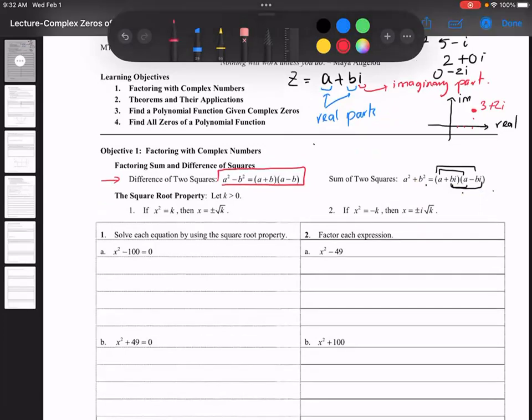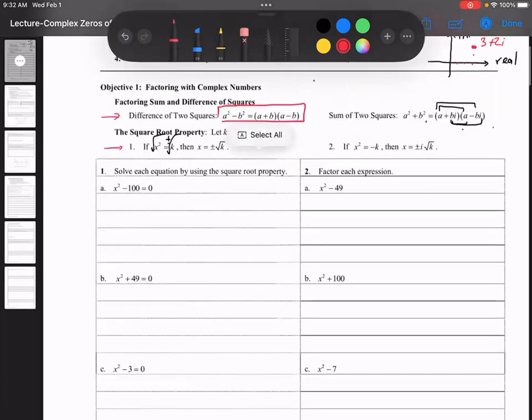Square root property. If I have x squared equal k, when you take the square root of both sides, don't forget to add plus and minus on one side. Whichever side you like, usually my habit is to add the plus and minus on the right side. Let's take a look at number 1a. I'll show you 2 ways of solving 1a, and I'll show you which way I like better.